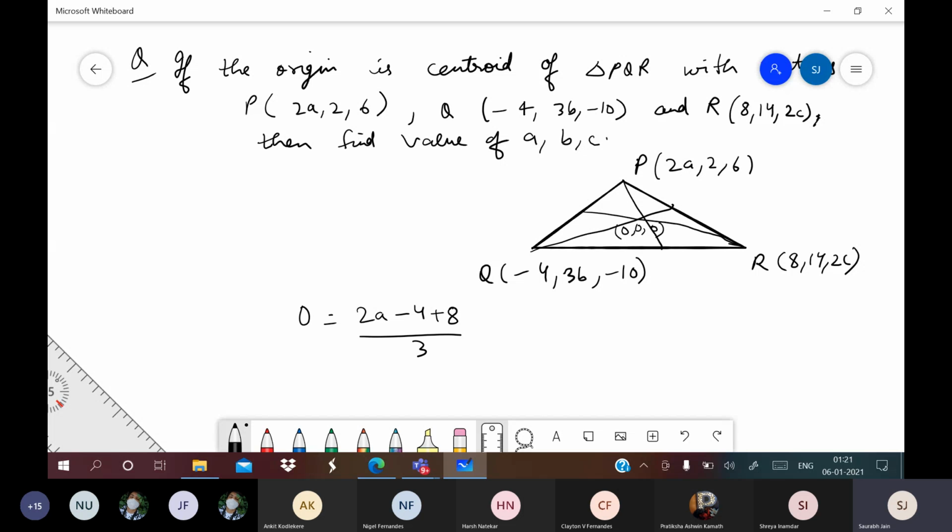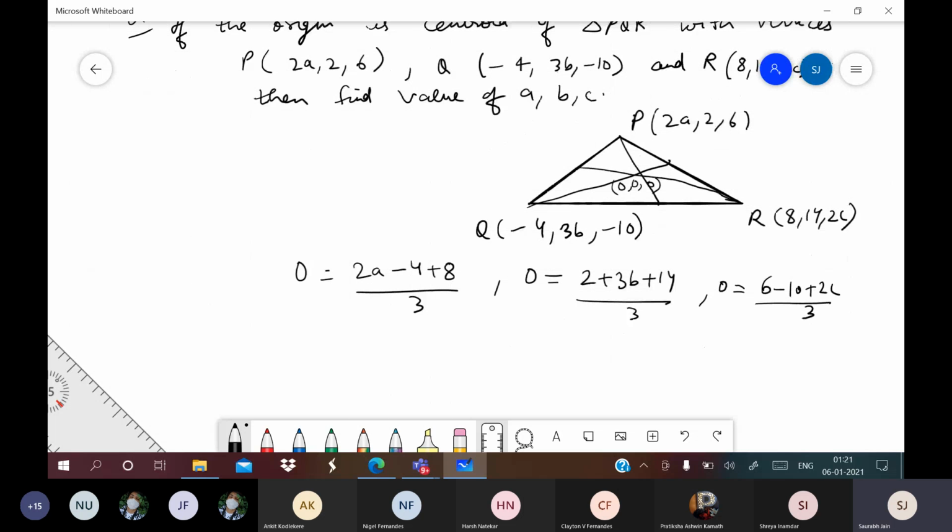From here you will get a. Then y coordinate, 2 plus 3b plus 14 upon 3, you will get the value of b. And by z coordinate, z1 plus z2 plus z3 by 3, you will get the value of c. So 2a plus 4 is 0, a comes out to be -2. Simple questions. 3b plus 16 is 0, b is -16 by 3.